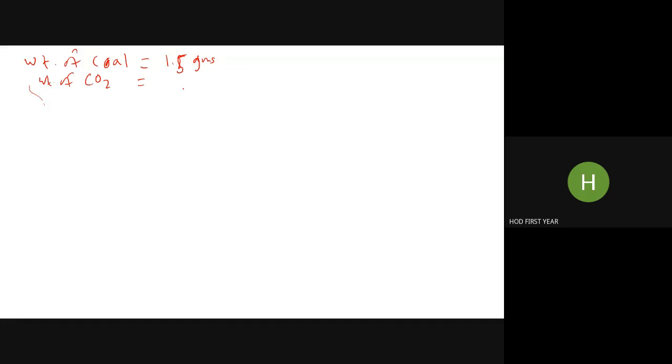So you should know this experiment. If you know this experiment, then only you can solve. Otherwise, the problem is very simple. But you should not flip them by confusion. H2O is CaCl2. KOH is CO2. Okay. Now you tell me, what is the weight of CO2 produced?